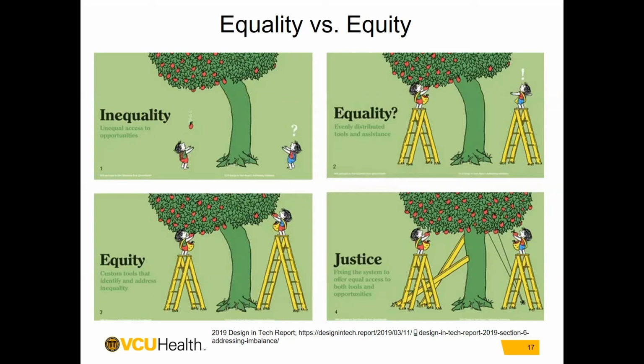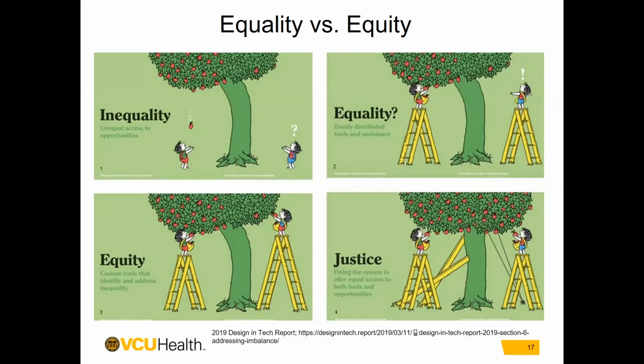Well, you could give everybody a ladder so that they could reach up to the tree in order to grab the apples. The problem that we find is that some individuals, the people in the blue, basically aren't starting out at the same place. That in fact, the systems have grown up and have been built to not provide them equal access.